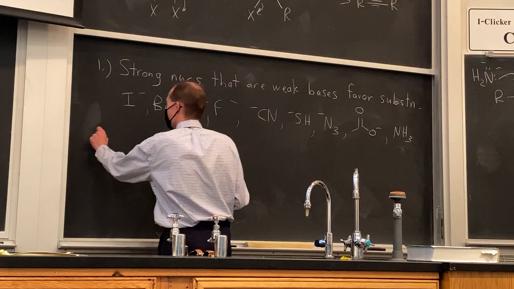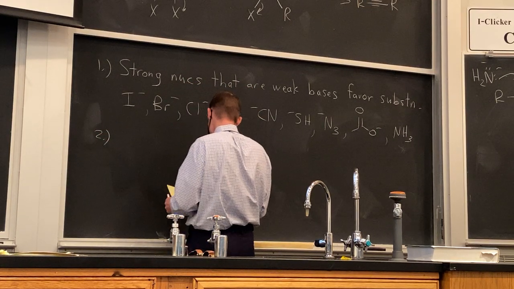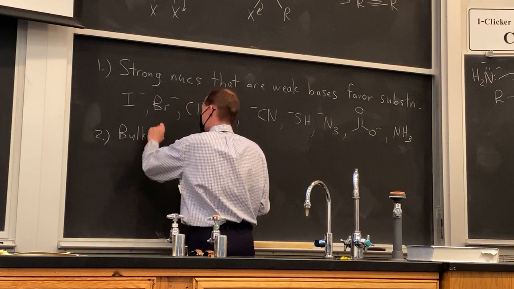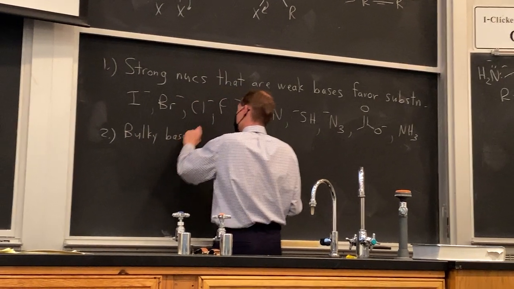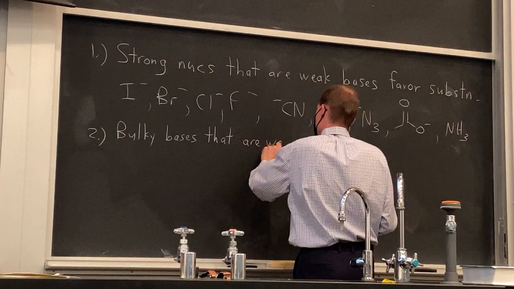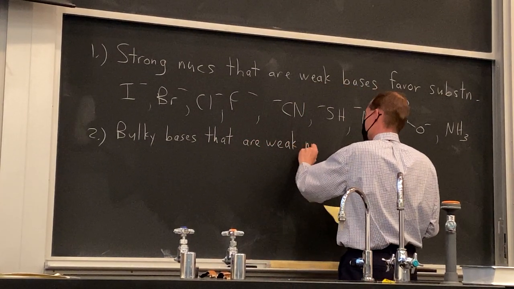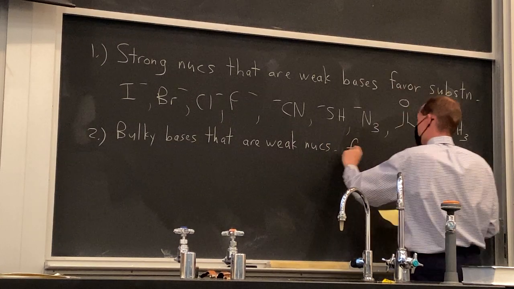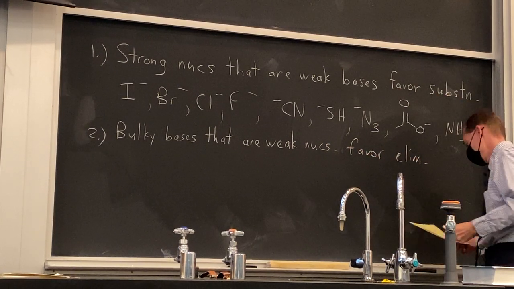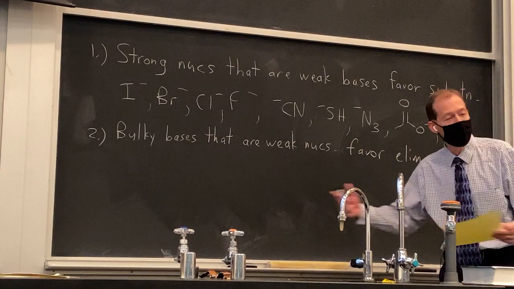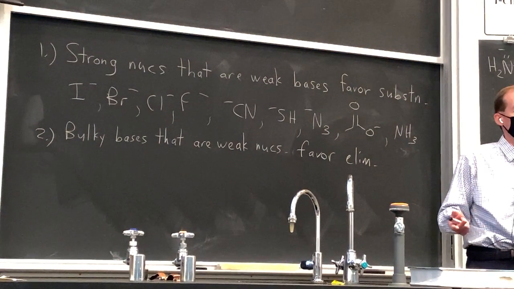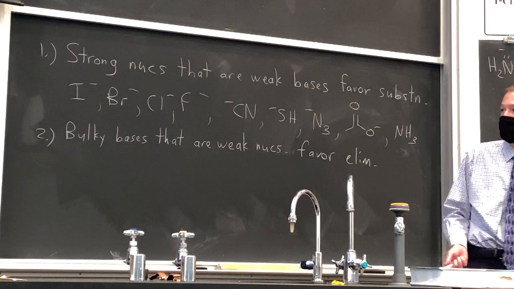All right, so the next generalization we'll make: bulky bases that are weak nucleophiles favor elimination. When we think of a bulky base, what do we think of right off the bat? Okay, terbutoxide.